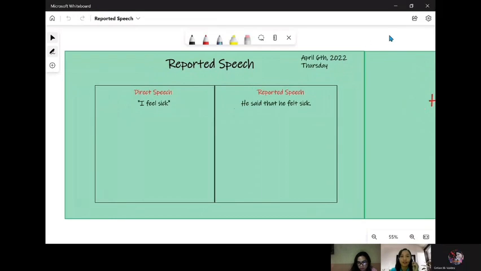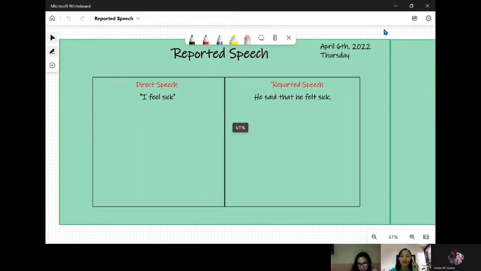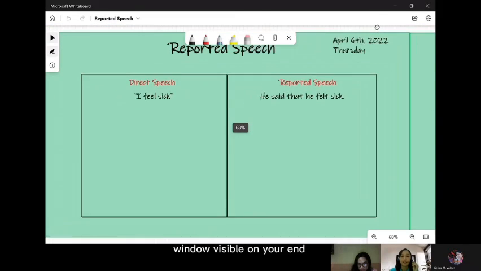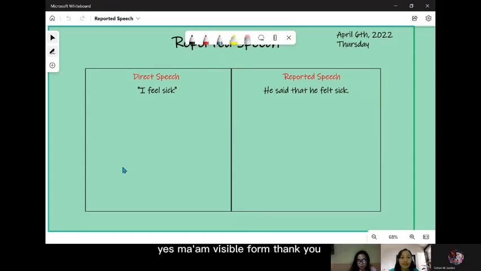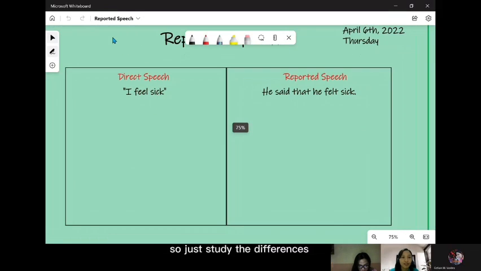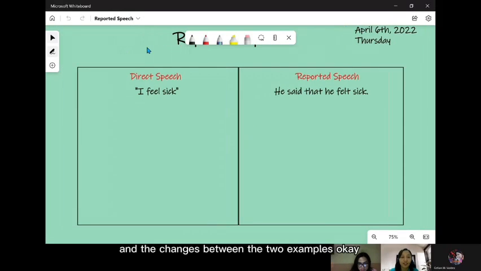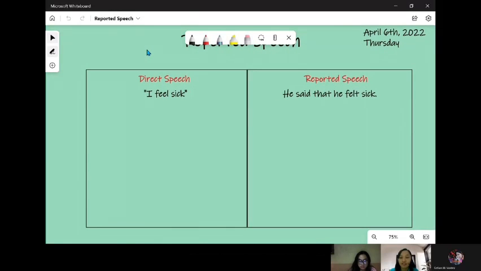Hello class, is the other window visible on your end? Yes, ma'am. Visible po. Thank you. So just study the differences and the changes between the two examples, okay?